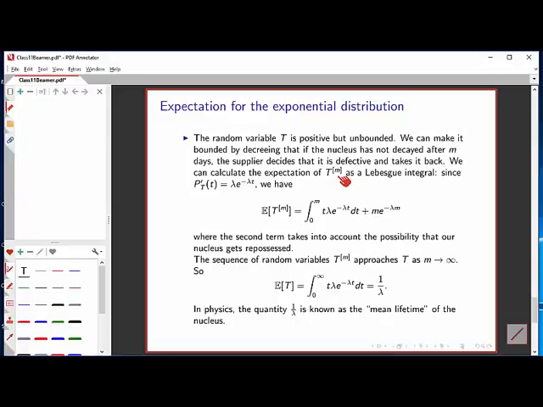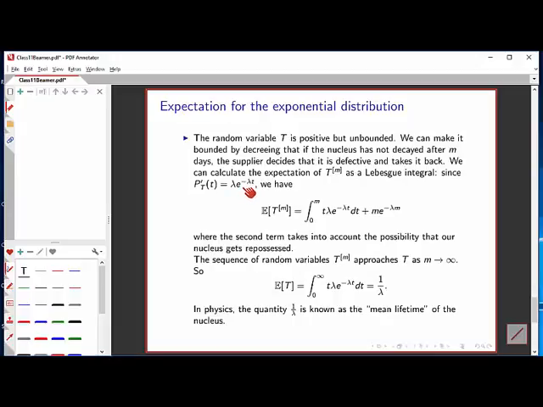We can calculate this truncated random variable's expectation as a Lebesgue integral, though, because this is a case where the situation that I described in the previous introductory lecture applies. Our probability distribution function is nicely differentiable.